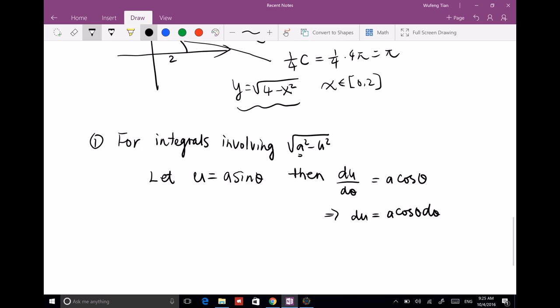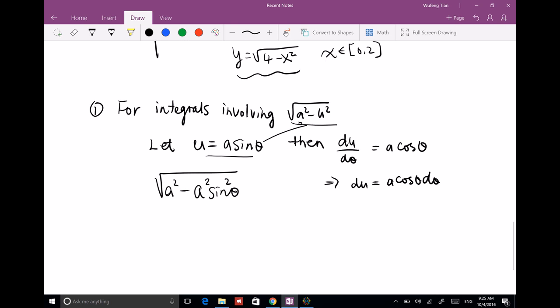Now what do we have for the square root? Because we can substitute u equals a sine theta, the square root of a squared minus u squared, u squared is a squared sine theta squared. If we plug it in, we get a squared minus a squared sine theta squared. We can simplify that using the trigonometry identity.